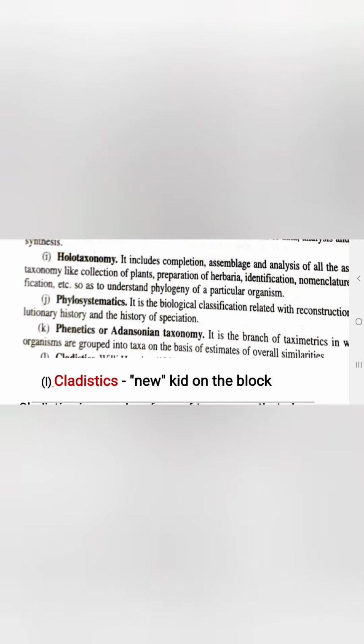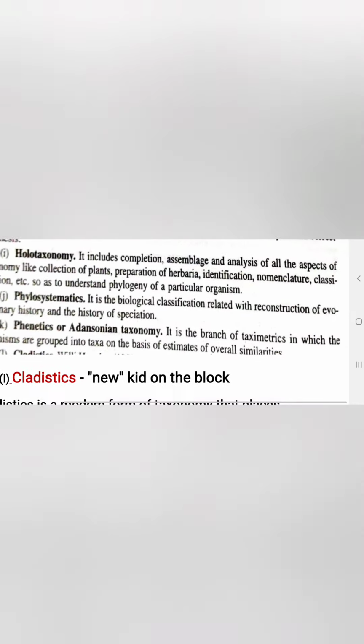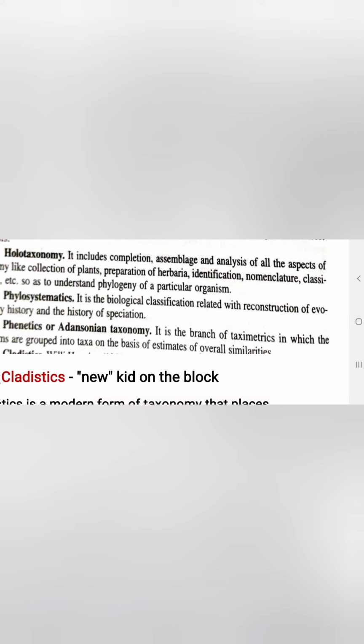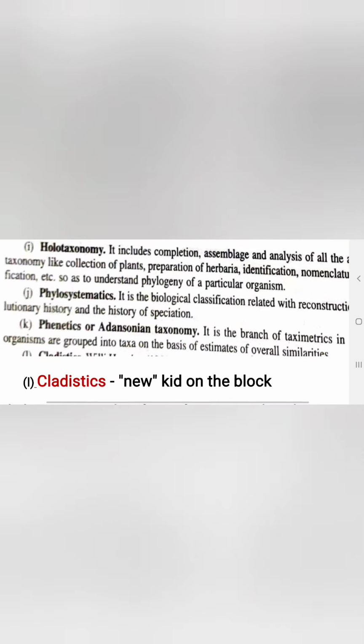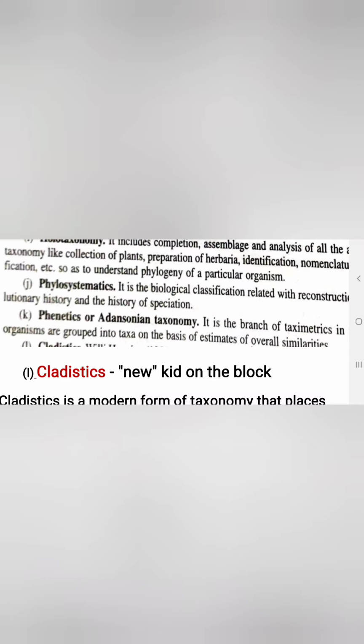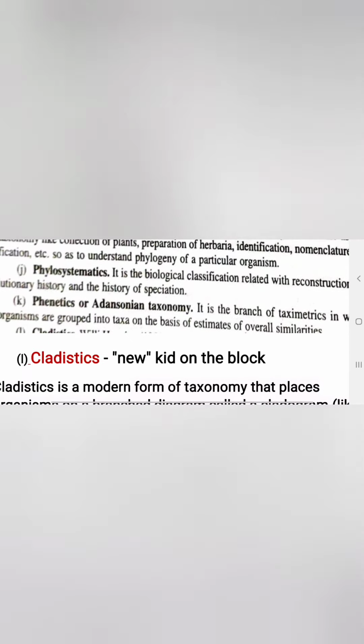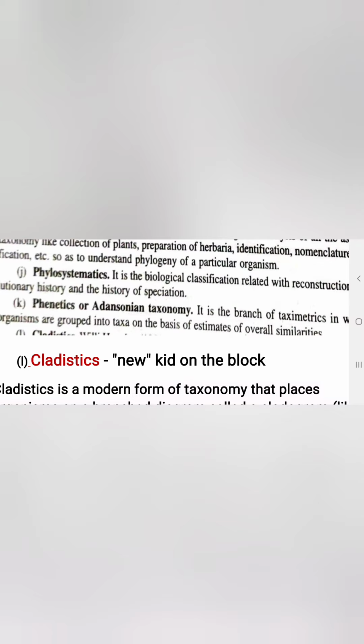When we realize at later stages that the plant is not a descendant of a particular ancestor, then we reconstruct its evolutionary history. This reconstruction of evolutionary history is known as phylosystematics. Means the term phylo is used here for evolution.